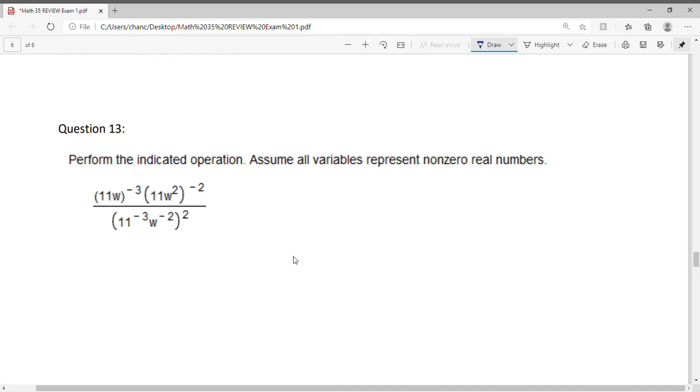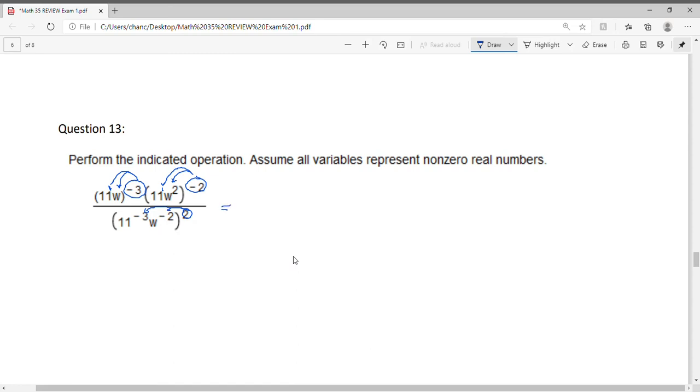Question number 13. We're going to have to distribute the exponents. So we have the -3 going to the invisible 1 for the 11 and the invisible 1 for the w. We have the -2 going to the invisible 1 for the 11 and the 2 for the w. This 2 goes to the -3, and this 2 goes to this -2.